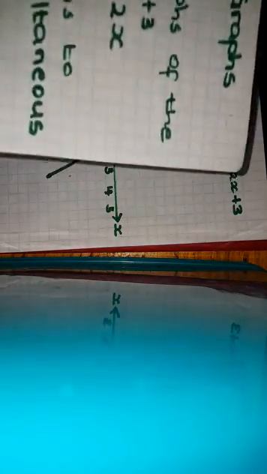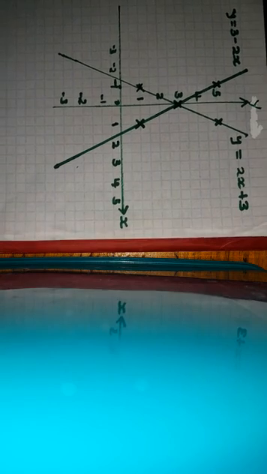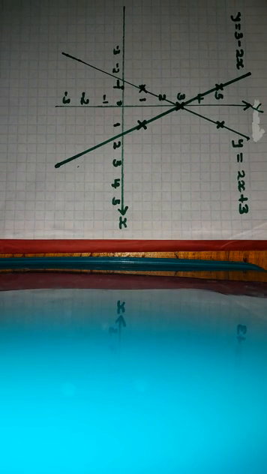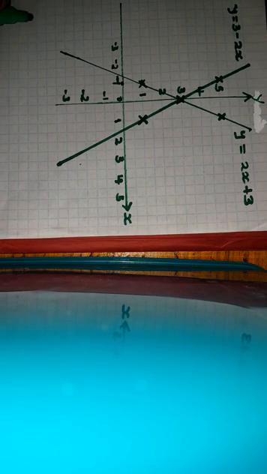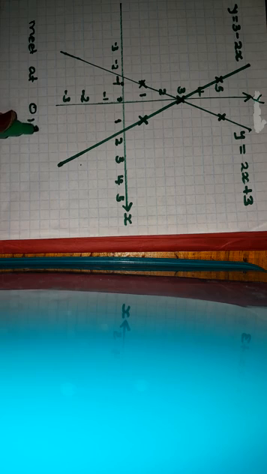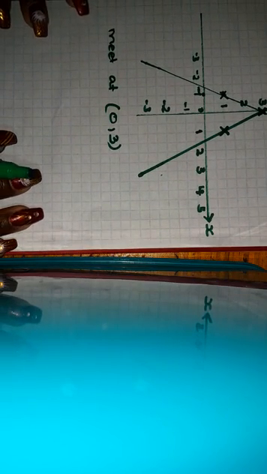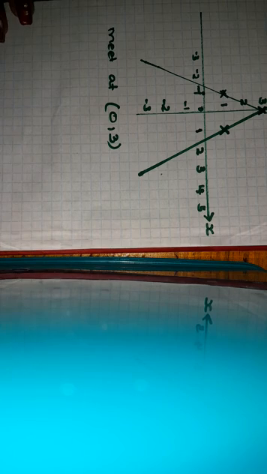So to solve these simultaneous equations, we need to look at the point where the two graphs meet. So they meet at 0, 3. The two graphs meet at 0, 3.